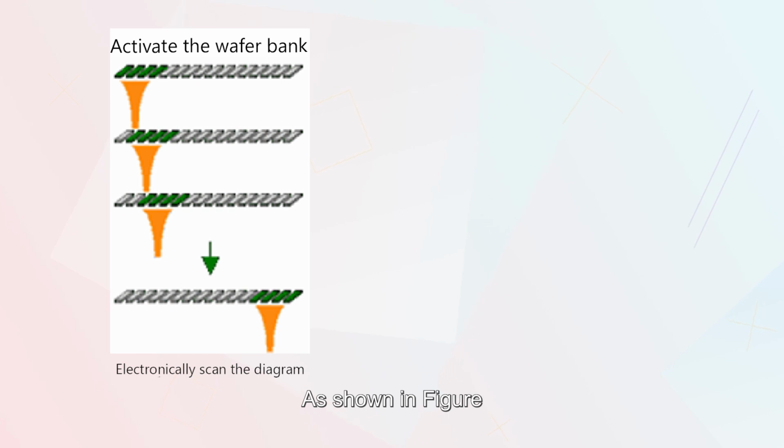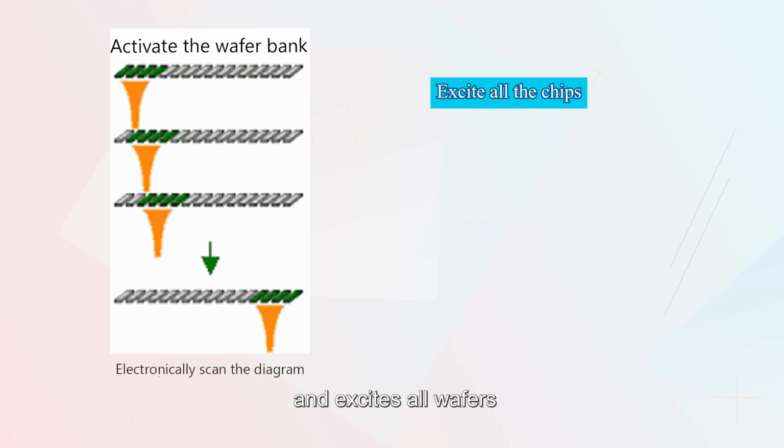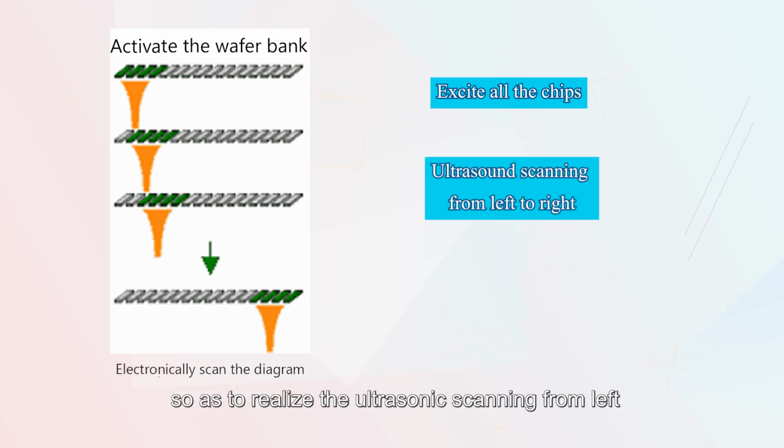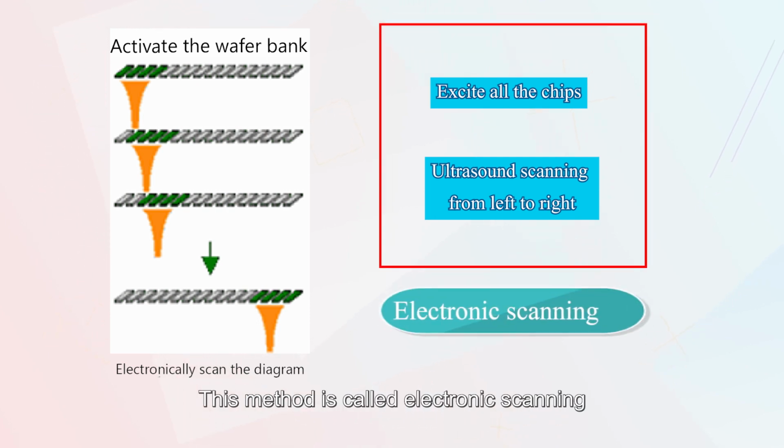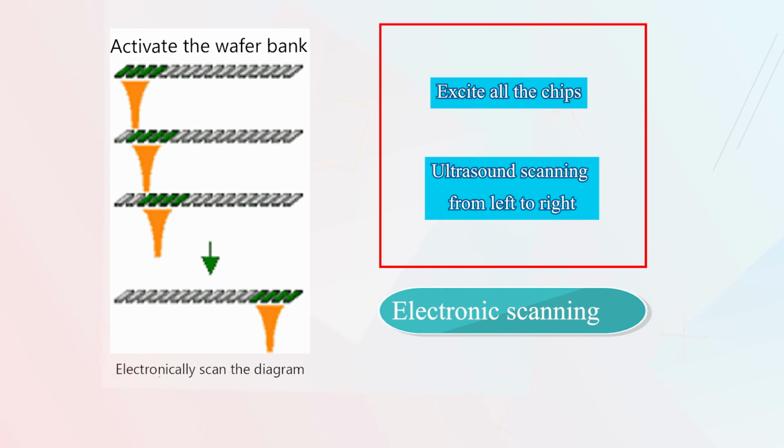As shown in the figure, the software excites 4 wafers at the same time, and excites all wafers in sequence according to the set delay rule, so as to realize ultrasonic scanning from left to right without moving the probe. This method is called electronic scanning.